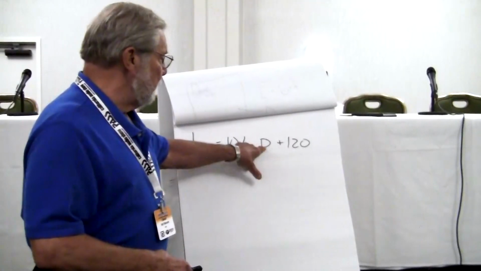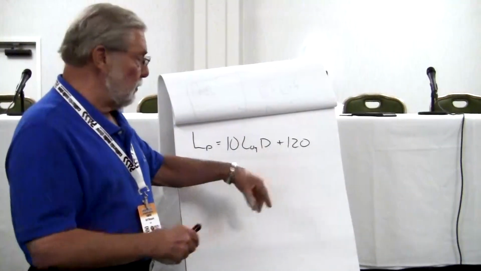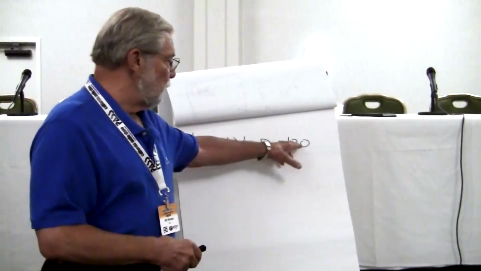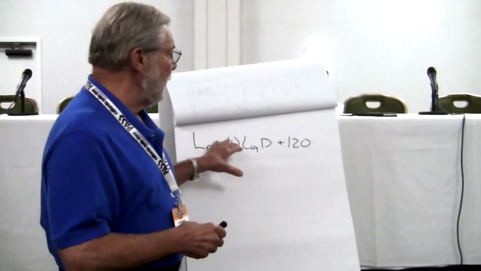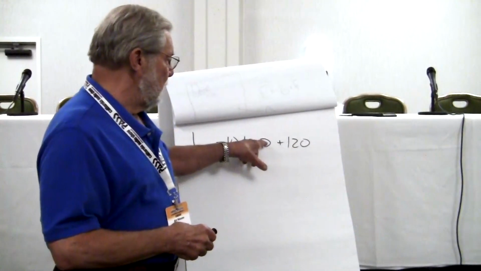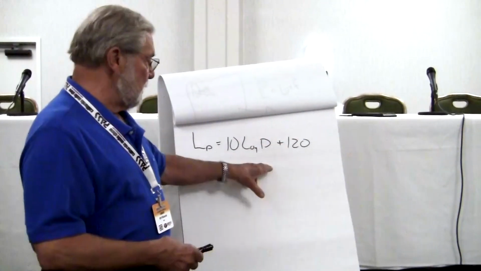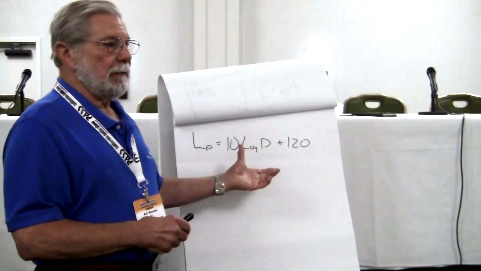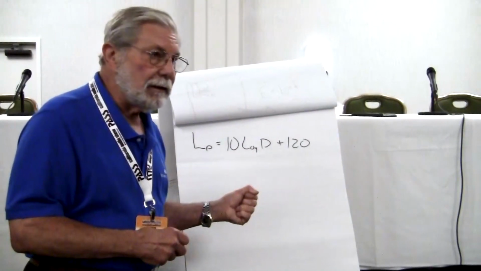And so this D is the density that we're measuring, that we have in the room, and this 120 is a relative of the ratio, because what we're really doing is taking the ratio of D that we measure to some reference D, which is the sound density at the threshold of hearing.